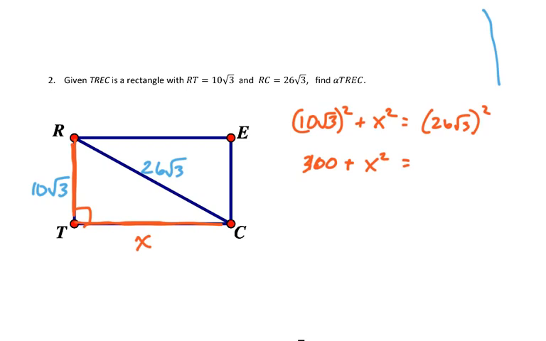Calculator's doing its thing again. 26 squared, 2028. And solving for X squared, that would be 2028 minus 300, 1728.